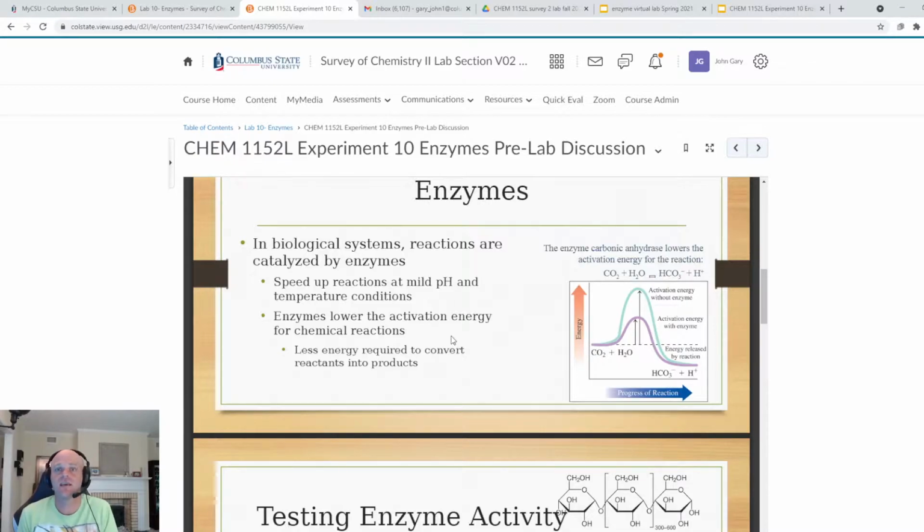All these different things require their own little enzyme to help the reaction go. If we didn't have these reactions, these processes might take weeks or months. So if it takes you months to break down the food that you eat, well, you'll be dead before you get the energy out of it, right? So that's why the body needs these catalysts to speed up the reaction, okay?